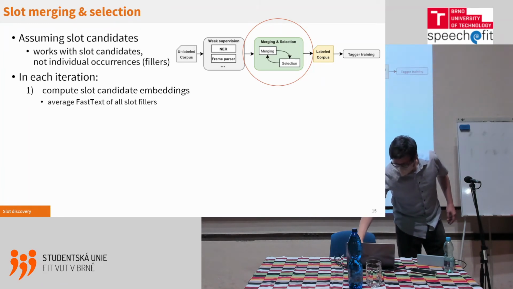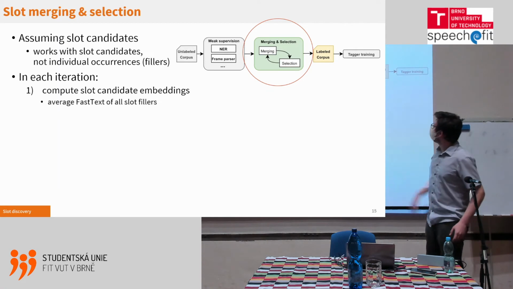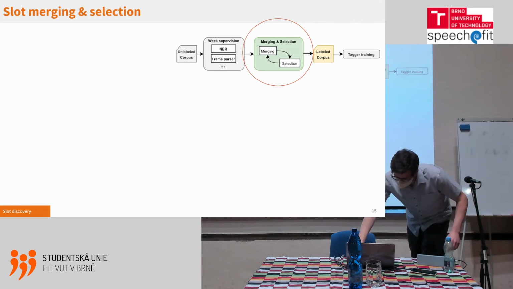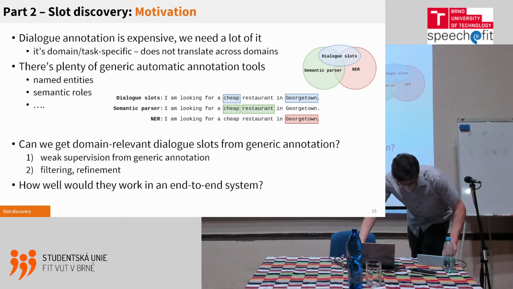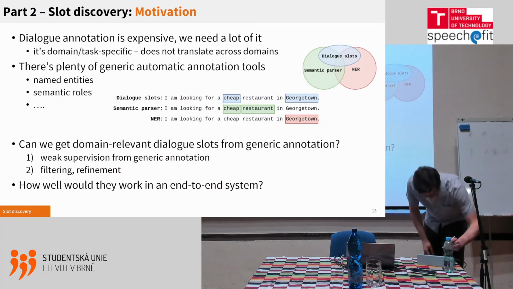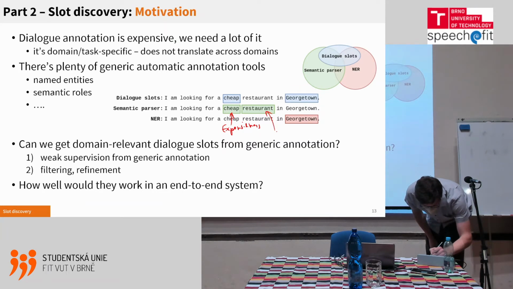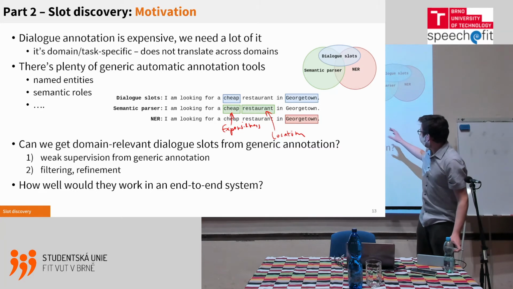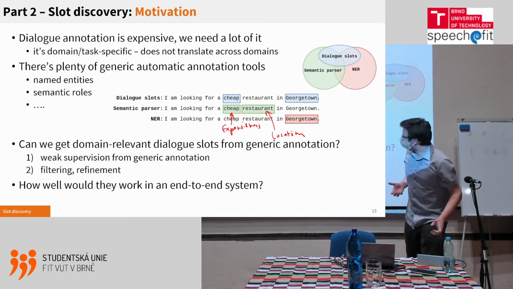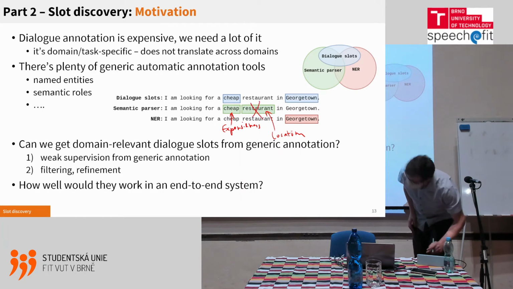We try to figure out, so we have stuff like here, and we know that this one is labeled expensiveness or something like that from the annotation, and we know that this one is labeled location or something like that. So we have labels like that, and we want to figure out that this one doesn't help us because it's all about restaurants. This one is actually relevant.